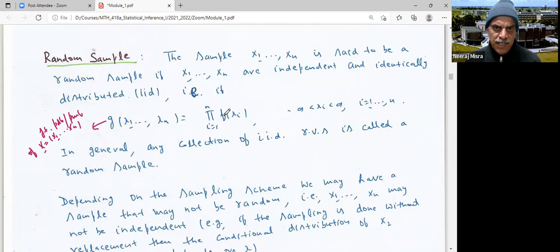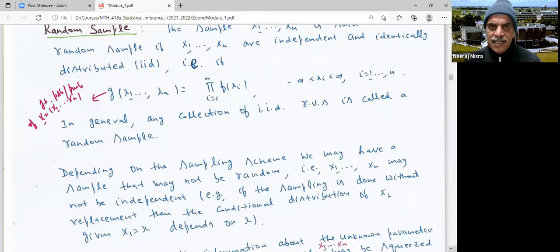So each of them would have a PMF at the point xi. Now, in general, any collection of IID random variables is called a random sample. So what is a random sample? A random sample is basically any collection of IID, independent and identically distributed, random variables.